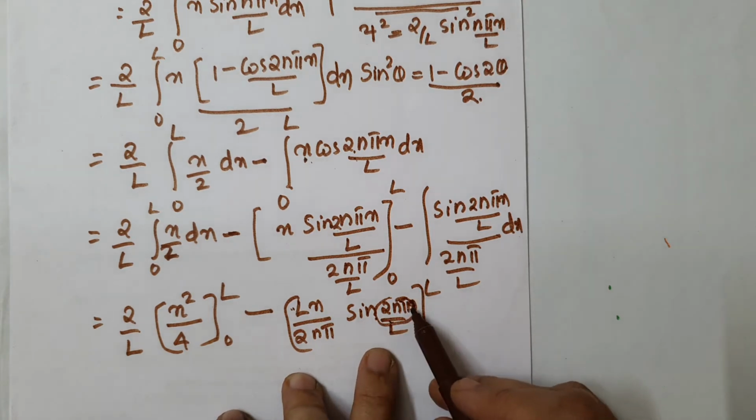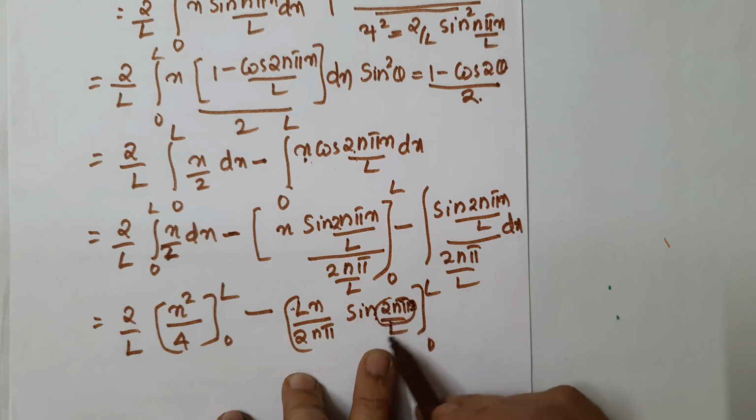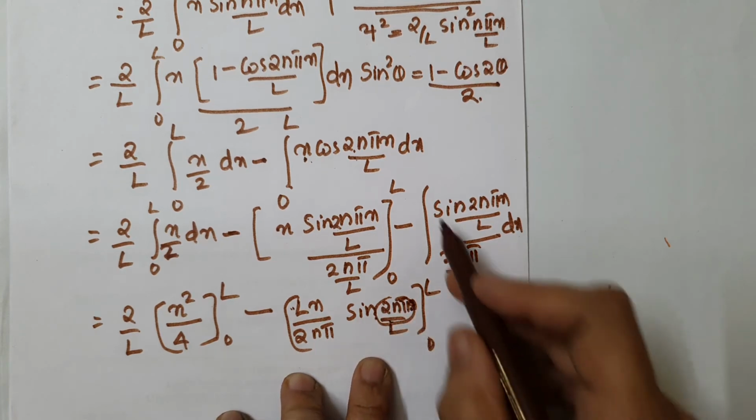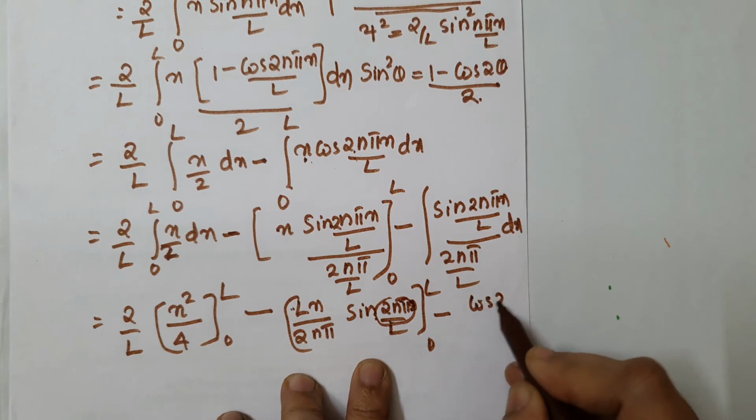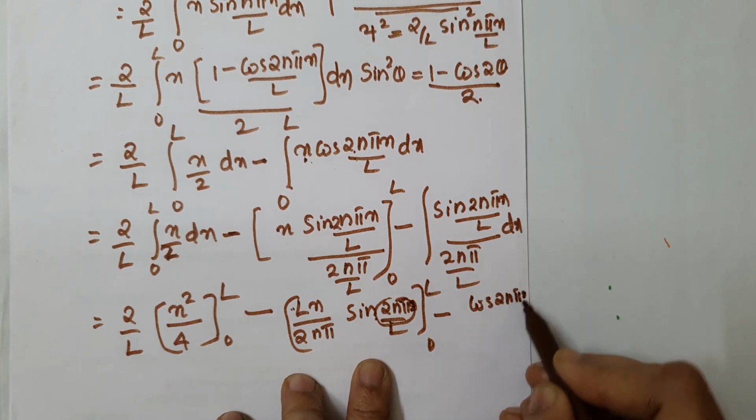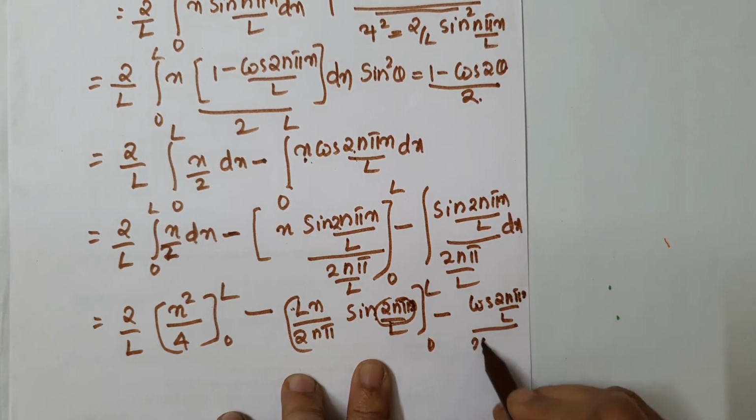Because when substituting x equal to L, this will become sin of a multiple of 2n pi. And also in the third term, on integration we get cos 2n pi x by L divided by 2n pi by L, the whole square.